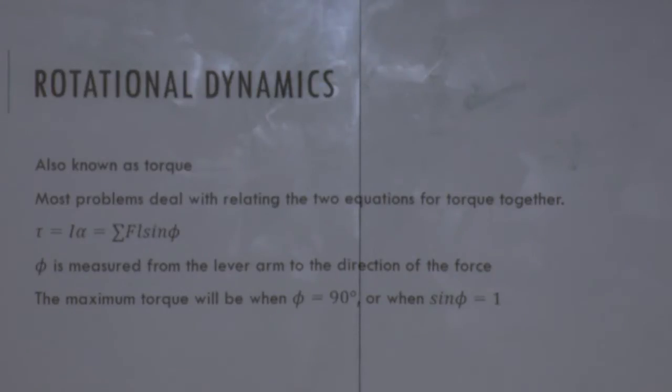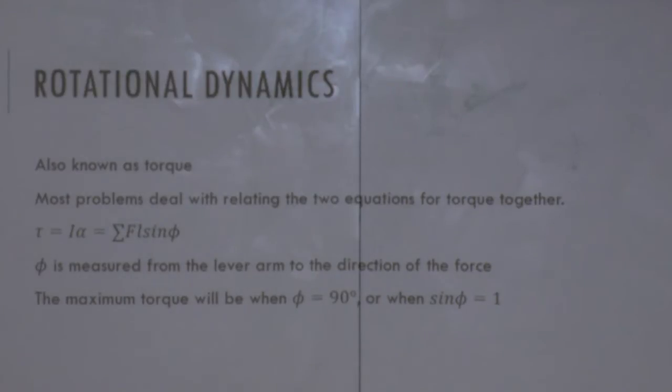So you can use sine phi. Phi is measured from the lever arm to the direction of force. To measure phi, you have to extend your lever arm and take the angle between your extended lever arm and your force. I'll actually draw a picture of it when we start doing a problem. Sometimes it involves fancy trig, and no one really likes that, so pick your battles. The maximum torque will be when phi is equal to 90, or when sine phi equals 1.